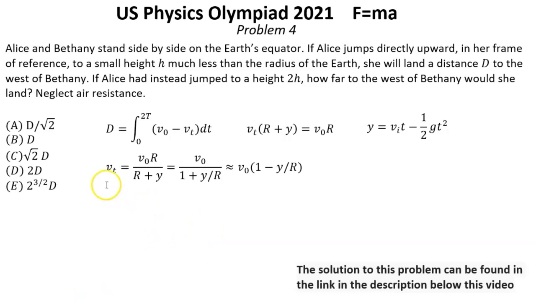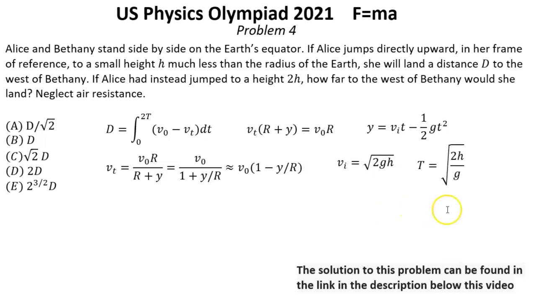And now Vt equals V0 times R over R plus y. Here we can use that y over R is very small, so approximately we have Vt equals V0 times 1 minus y over big R. Initial vertical velocity we can find from the formula Vi equals square root of 2gh, and the total time big T to jump from 0 to height h equals square root of 2h over g.